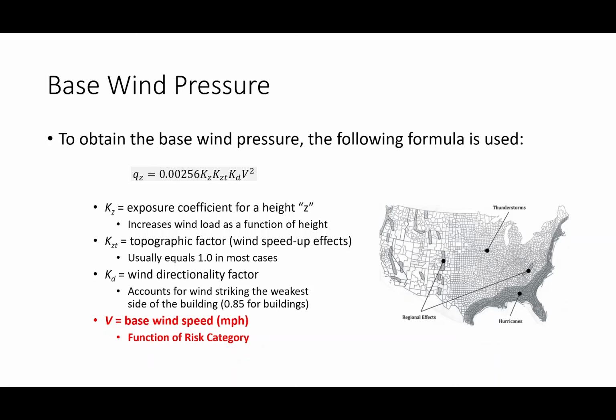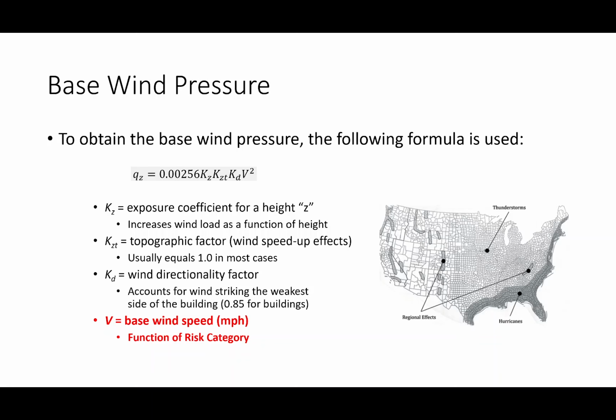Now, like I said, this is a lookup, and it's based on your risk category. This is sort of a general schematic of what your wind speed maps look like. Again, we're going to use that hazard tool that I showed you last time. We're going to use that today.